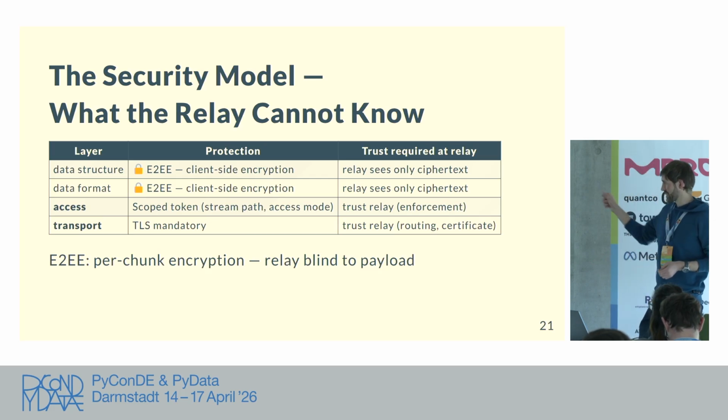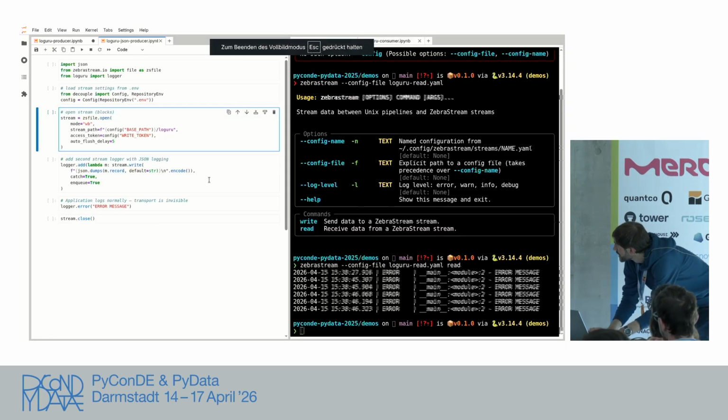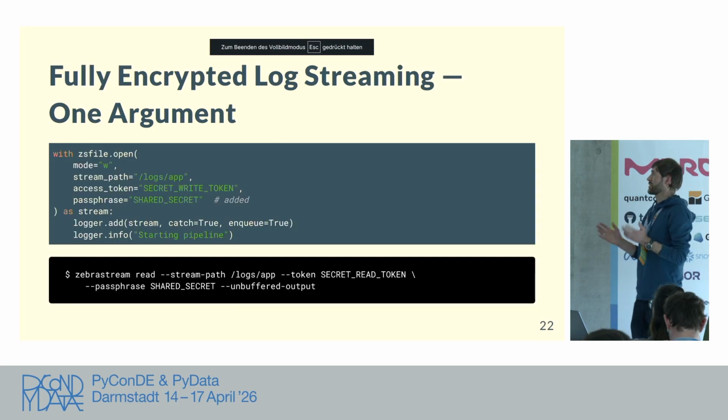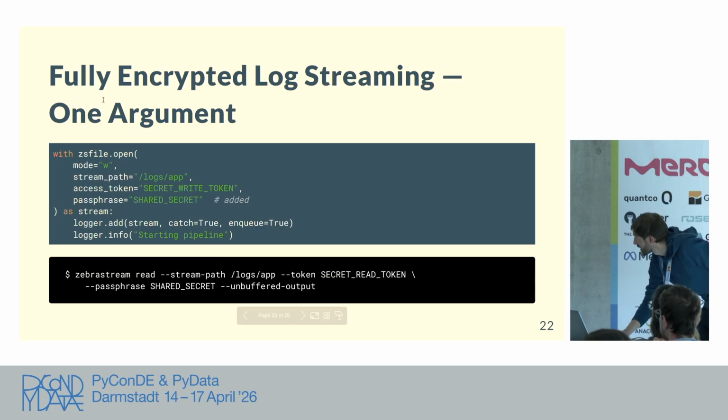If we do per-chunk encryption, we can also do it in real time. So if we apply that to the log streaming, we can easily make it encrypted. And that's just by adding a single passphrase here.